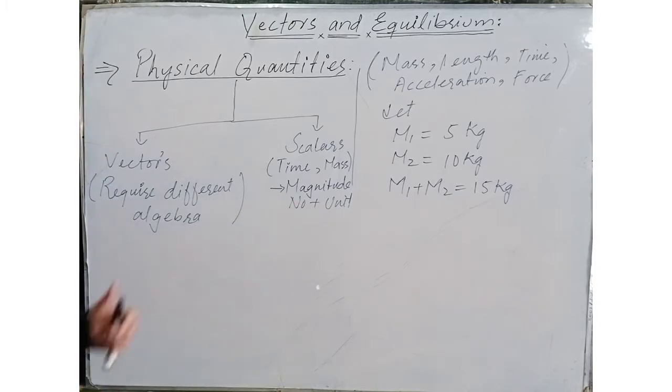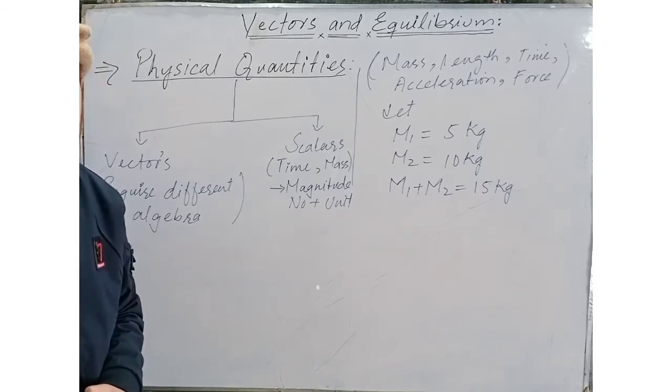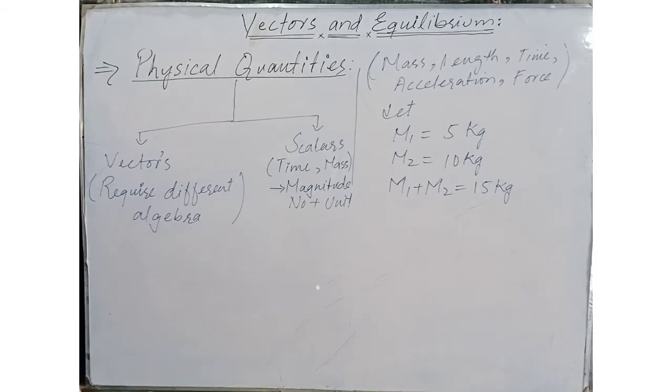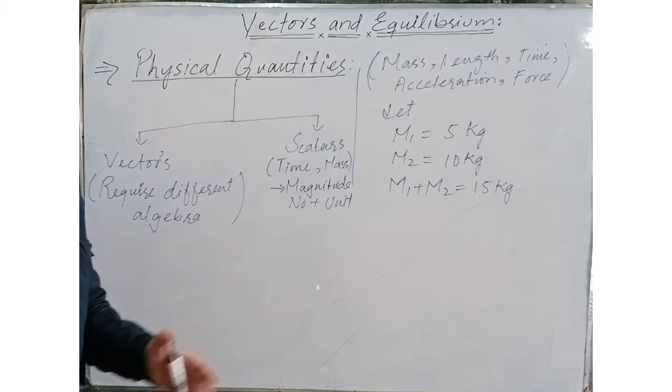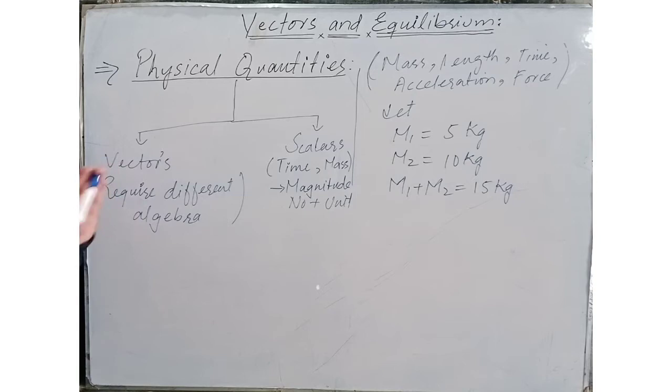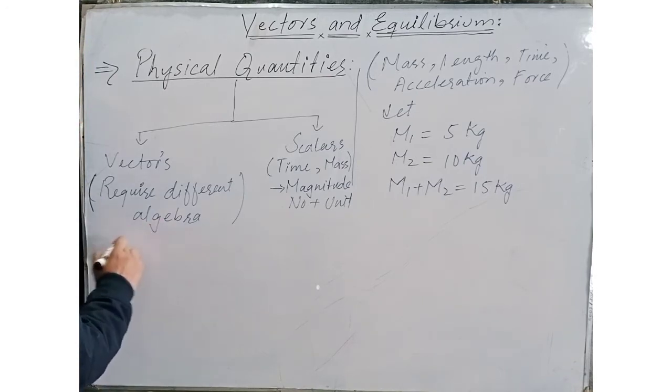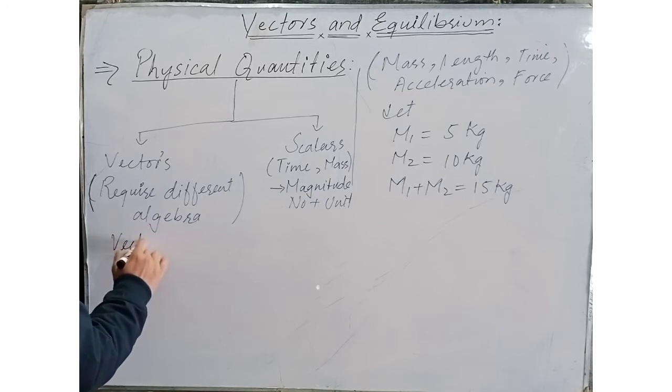The reason is some of the quantities involve another term in order to specify them, that is direction. Without direction we cannot completely specify such physical quantities like acceleration, force, momentum, velocity, displacement, right? So these physical quantities, due to their directional nature, require a different algebra, and in the early 19th century, mathematicians developed such algebra, and that algebra is what we call vector algebra.